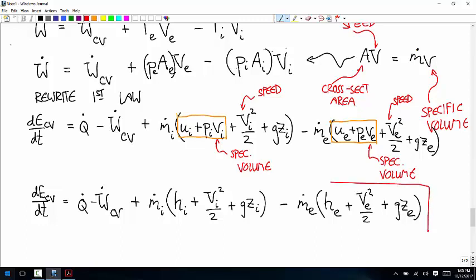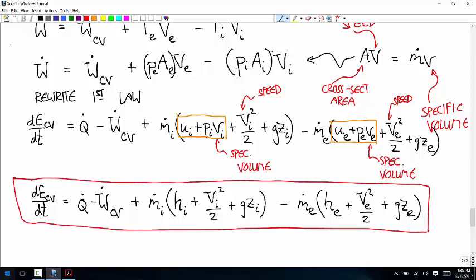Okay, so this is the first law for a control volume.